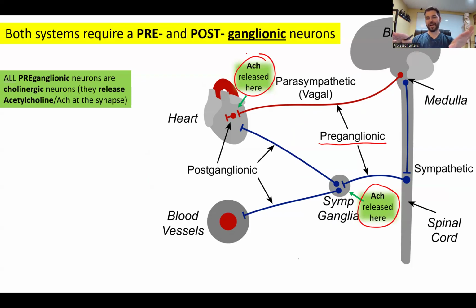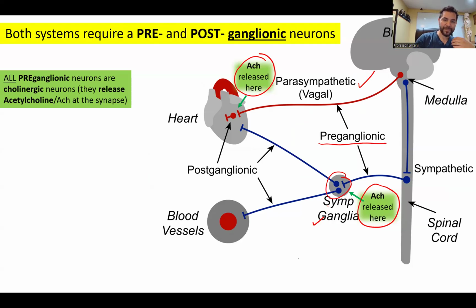The first neuron coming off the spinal cord is called a preganglionic. The postganglionic is after the ganglion, aka group of cell bodies where they're going to synapse. So the ACH is released from both preganglionic neurons, regardless of if it's parasympathetic or sympathetic.